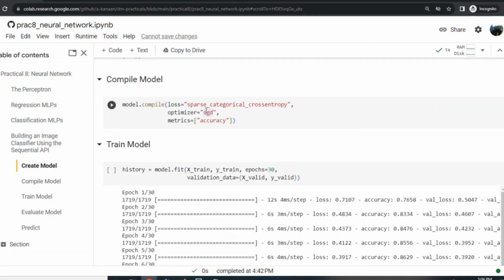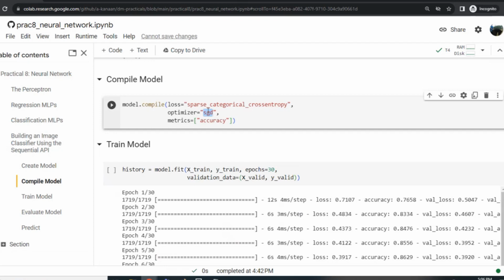But in order for the optimizer to decide how to change, for example, let's say the current weight for one of the neurons is 0.5, shall it become 0.55 or maybe 0.45, decrease or increase? Then we need the loss function. The loss function is going to provide us some value. Stochastic gradient descent is going to depend on this value in order to decide how to tweak the weights and biases. Clear?